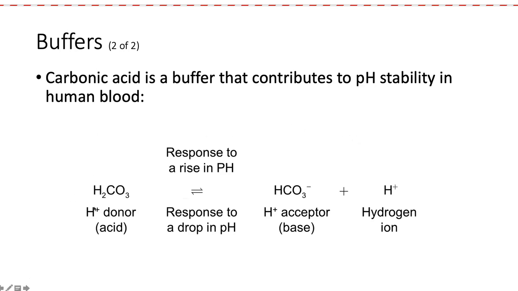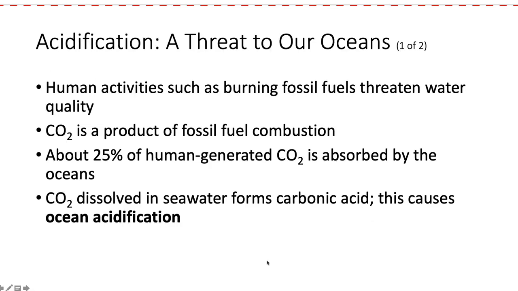It's going to donate its proton, which drops the pH, and now it becomes a base and can accept a hydrogen ion, right? It goes backwards and forwards. So it's a nice little buffer for the blood, keeping it at a nice pH of about 7.